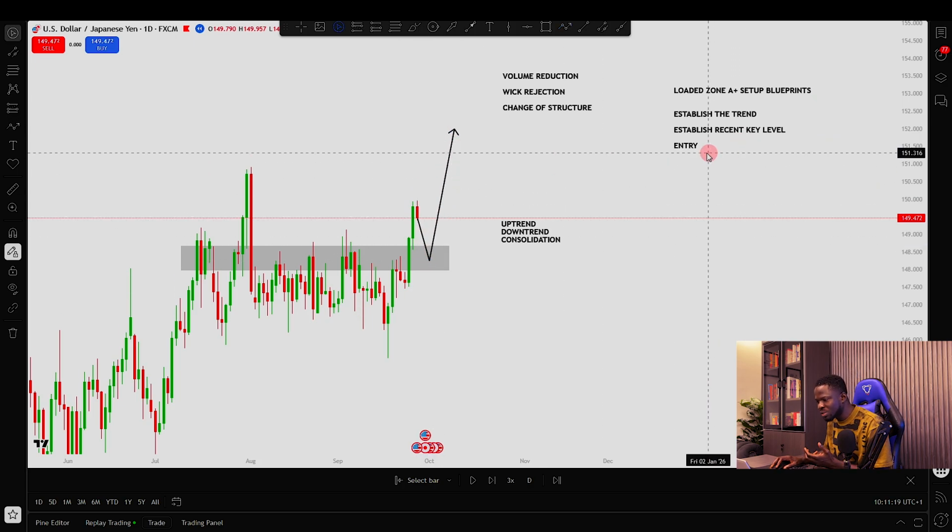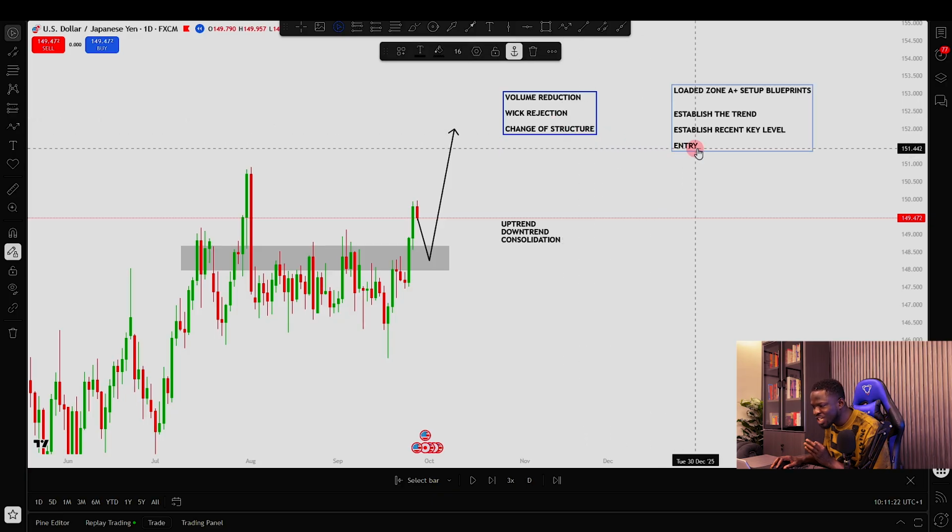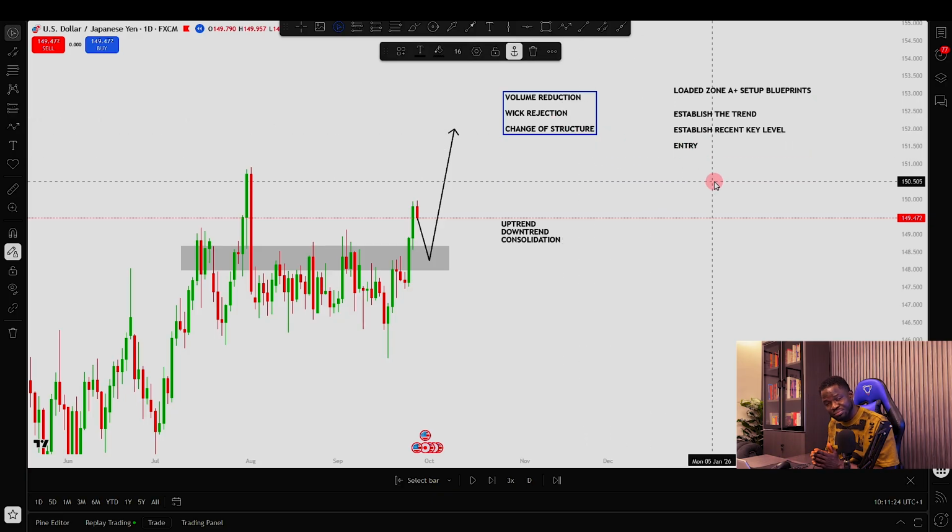And the last one on the list is the entry step under our Loaded Zone A+ Setup Blueprint. Under this entry session, what are we looking for? Number one, we must establish our entry criteria, our confluences, before we execute on the price action. What are the entry confluences?